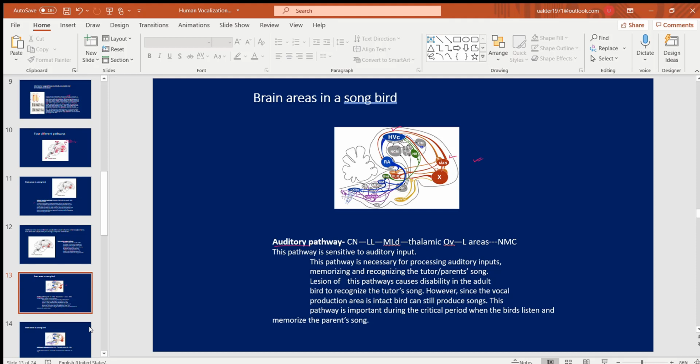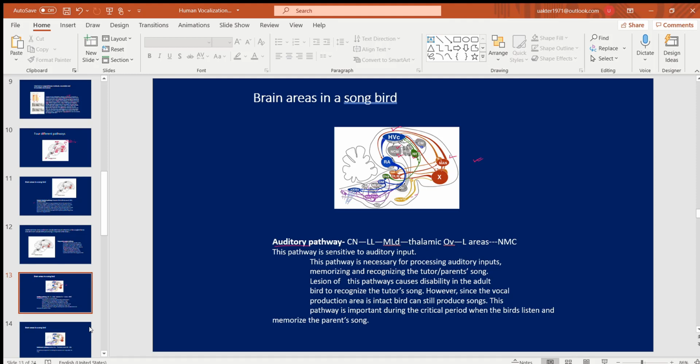However, you can see here gray and green. These are two other connectivities in the brain of the songbird, and there is another small one here, the yellow one. However, these two are also really very important.